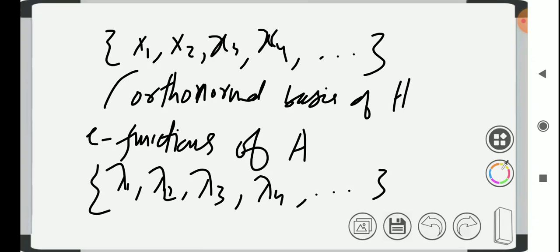They might all be equal, that is lambda 1 might be equal to lambda 2 equal to lambda 3, or some may be different, some may be equal, that doesn't matter here.